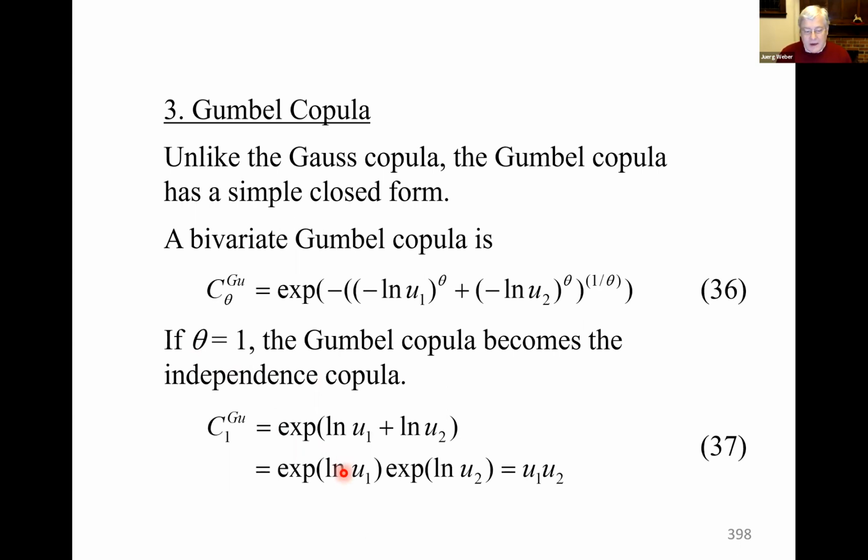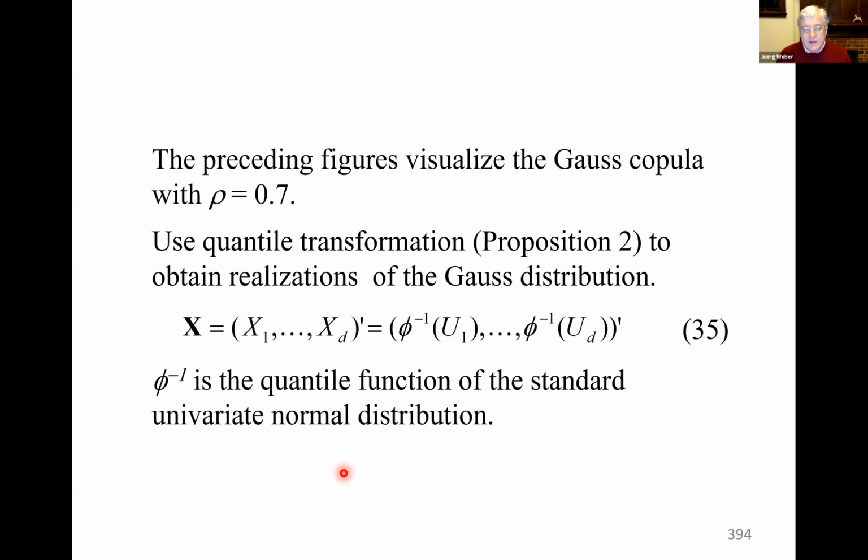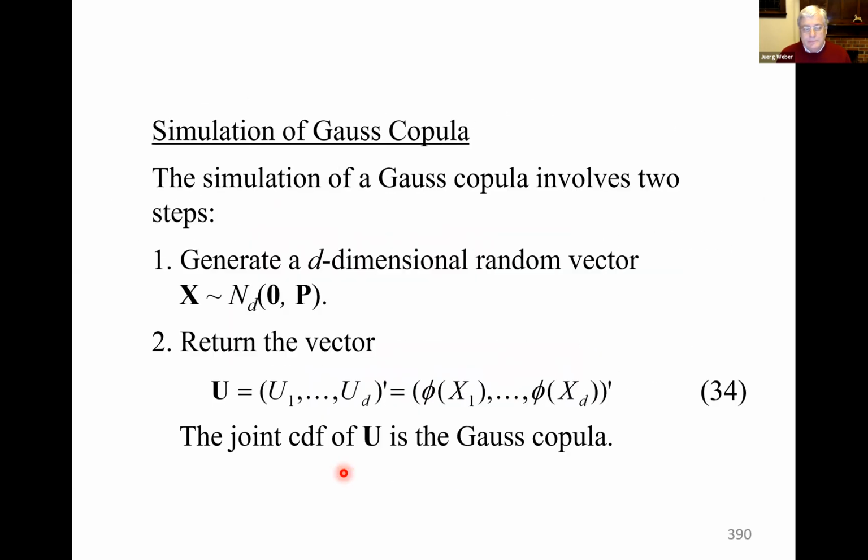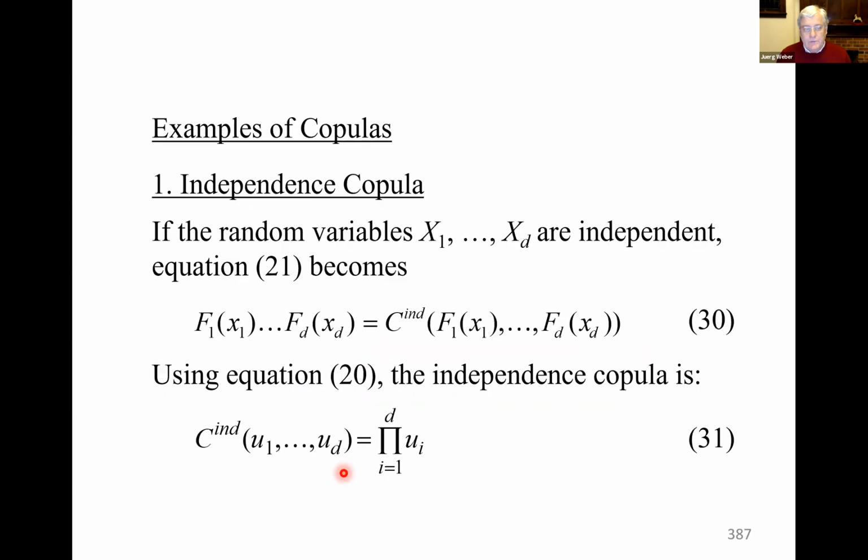Let's go back and have a short look at the independence copula. Here we began with the independence copula, and you see it's just a product of the u's. Now we look at the bivariate copula, so it's just u1 times u2. Remember, the u's are those uniformly distributed variables.